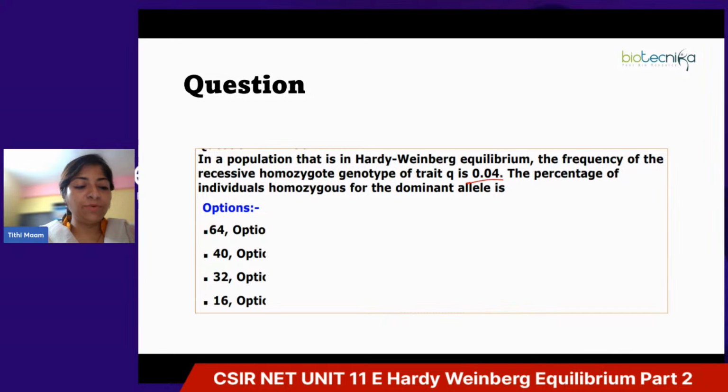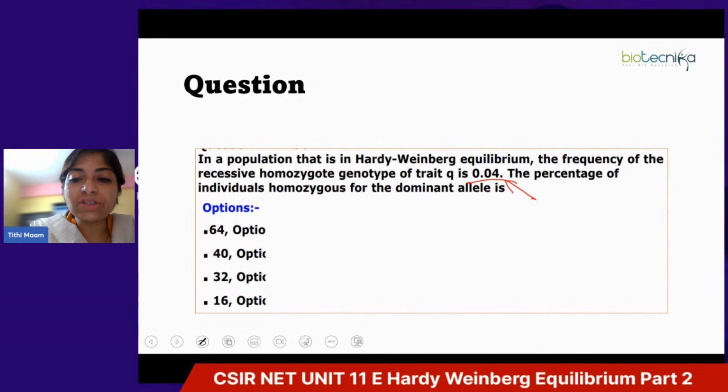Yes, that's correct. So 0.04 is q square.